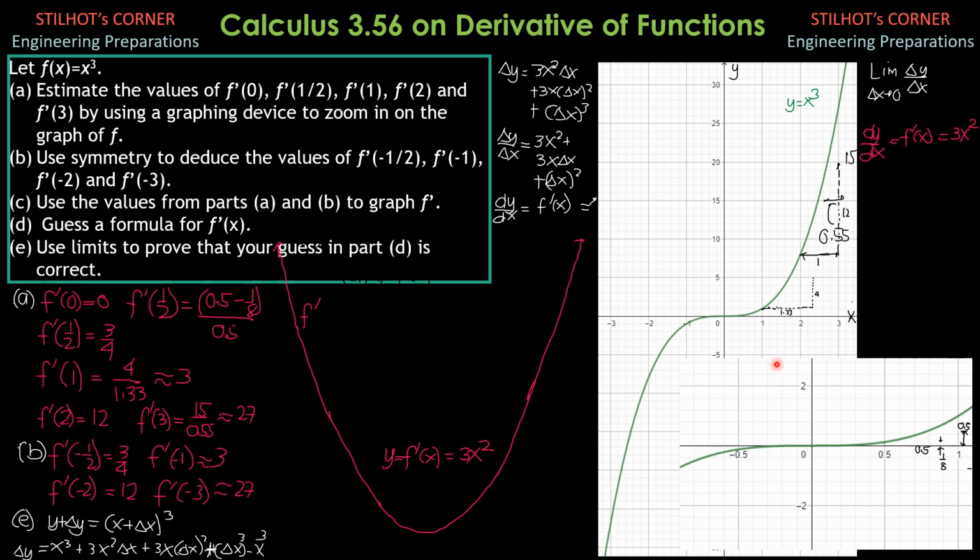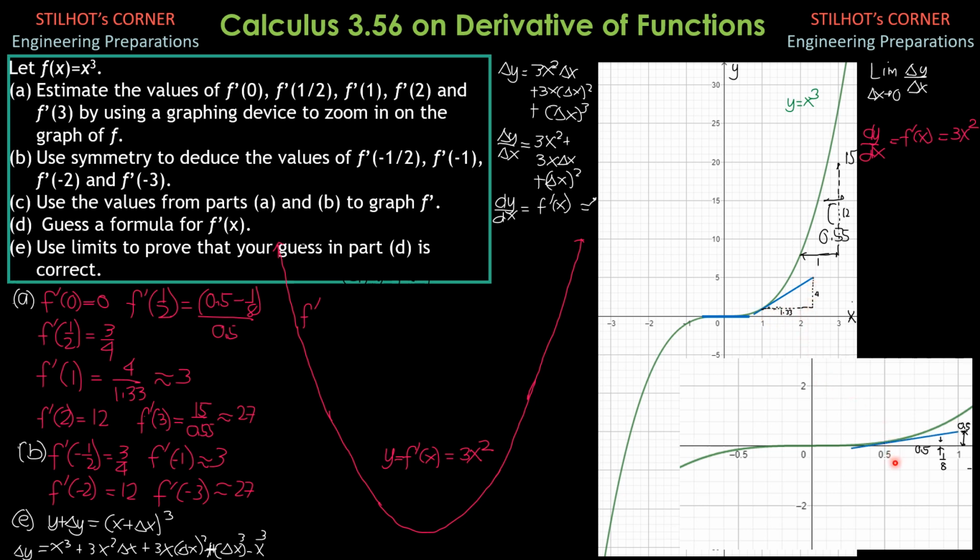Then at x is 1 half. So let's zoom in on this part here. So this is the zoom portion so that we can estimate the slope of the tangent here. So 4 over 1.33, 1.33 horizontally, then 4 vertically.